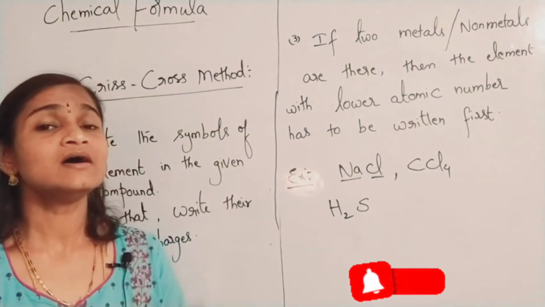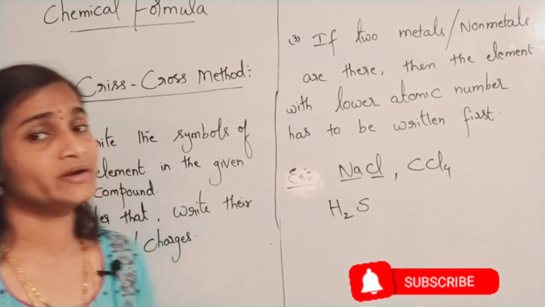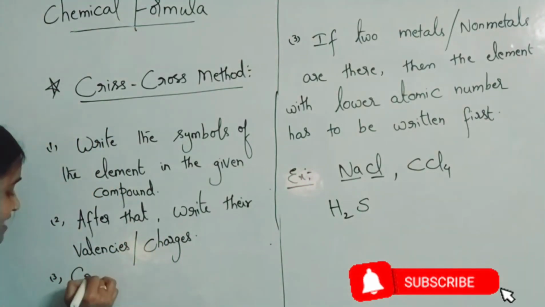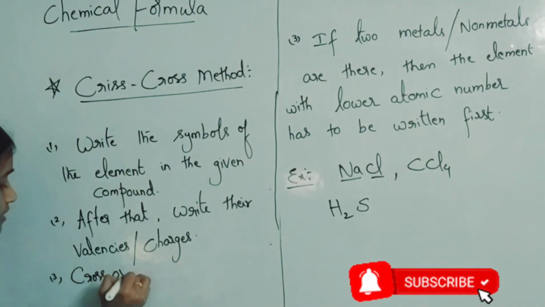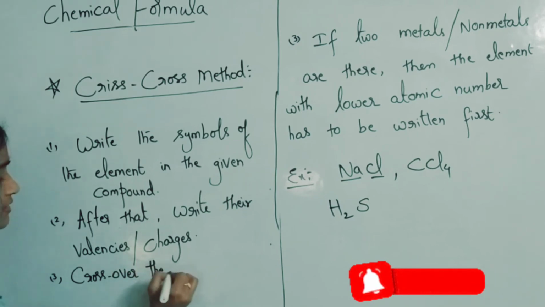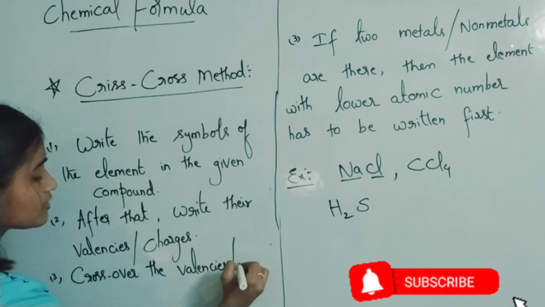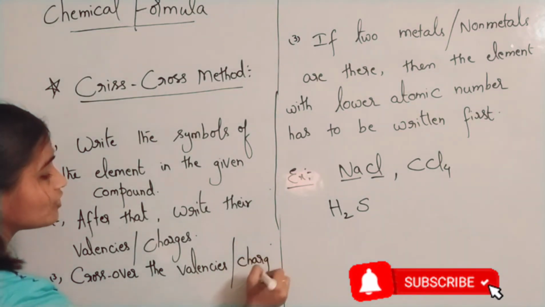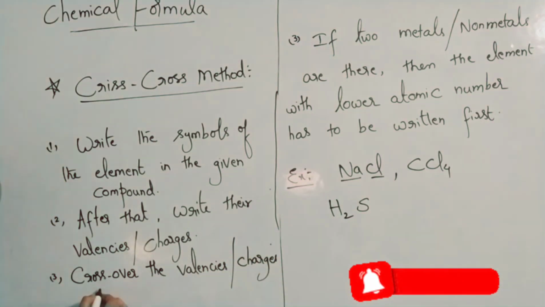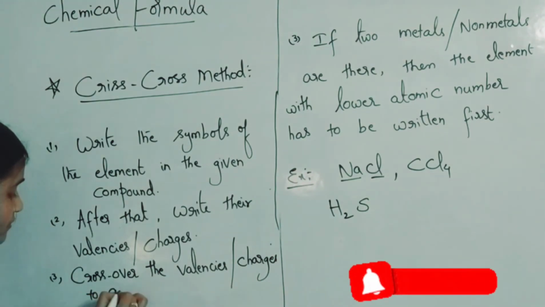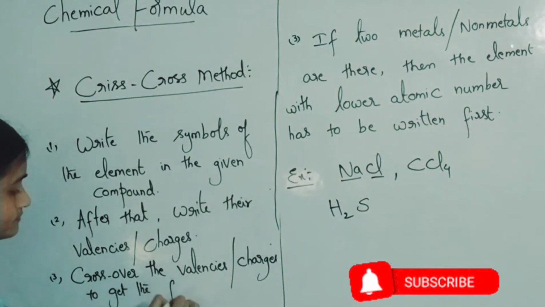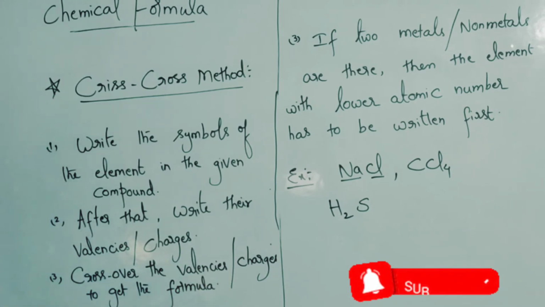Then you will get the exact formula of the compound. Cross over the valencies to get the formula of the compound. So let us see the examples for this crisscross method.